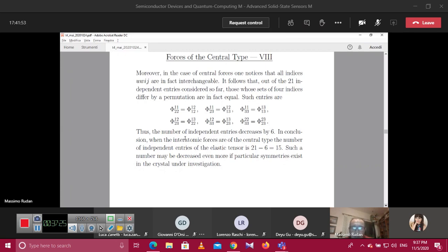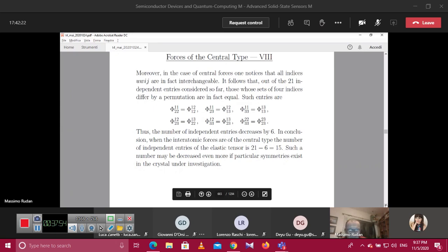So this introduces another simplification that is enormous, because in a cubic crystal, the number of independent entries of the tensor, that in the general case is 15, as you have seen now, reduces to just 3.